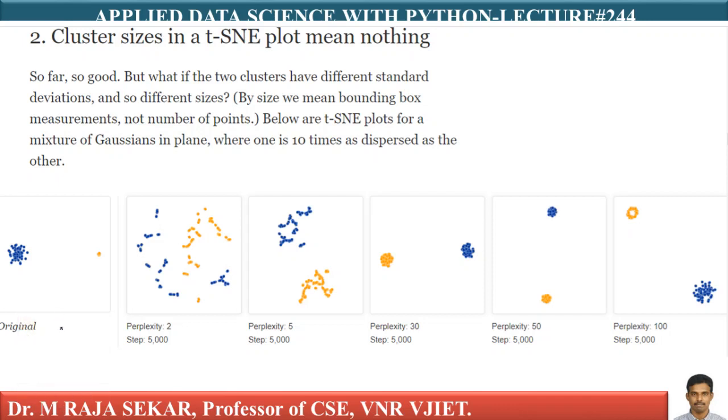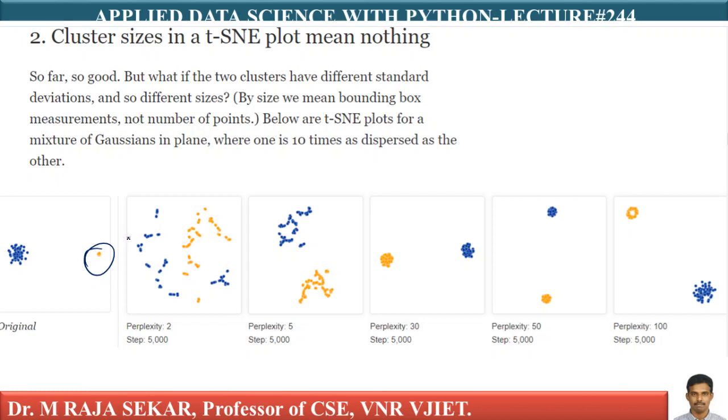Now imagine that I have 50 blue points and 50 orange points, two sets of points here. Observe carefully, these orange points are very, very dense, because I have packed all my points in a very, very small area.